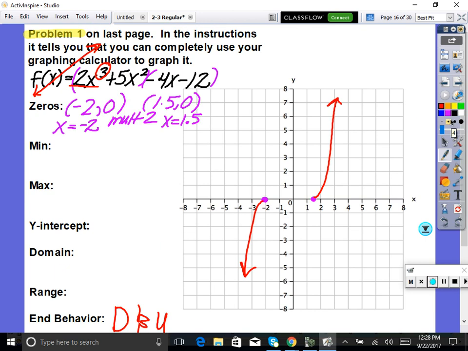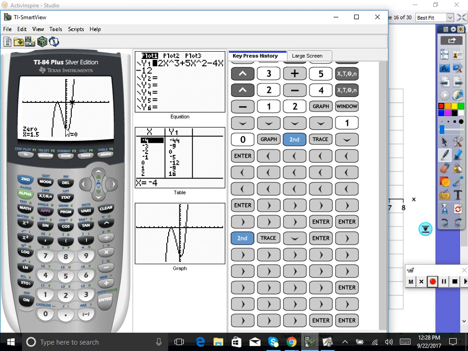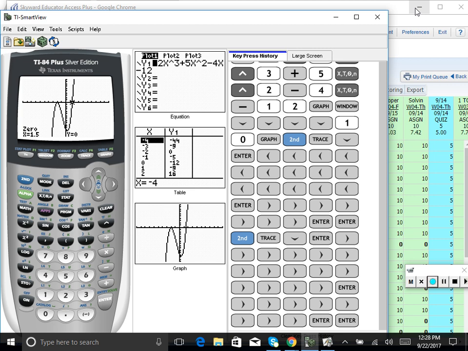Let's find the min value. So you pull it up. Everybody ready? You're probably quicker than me. Second trace, find the min for me. Okay, find the min for me, everyone.